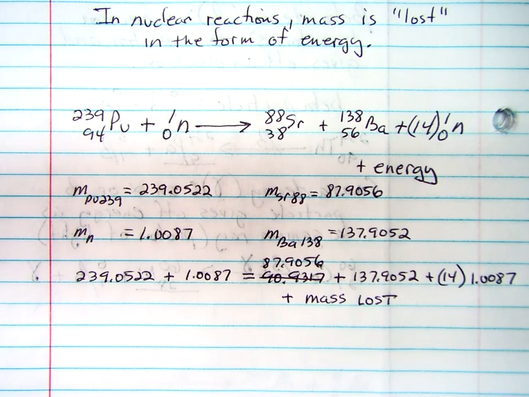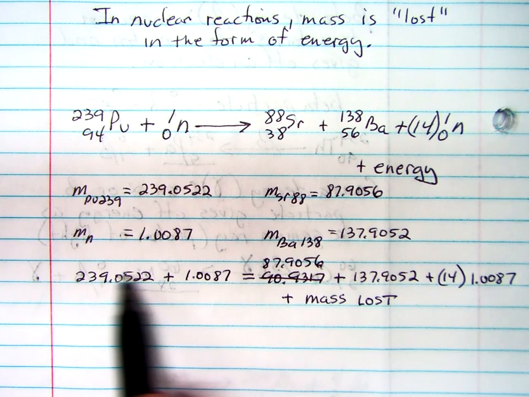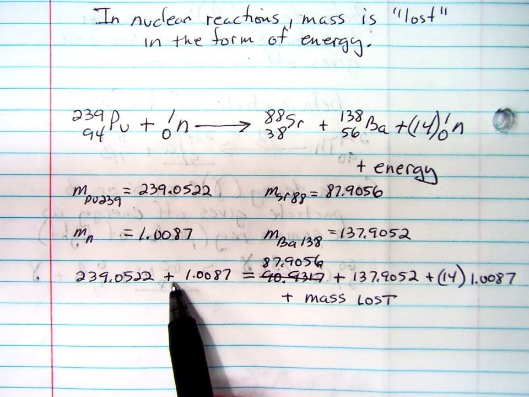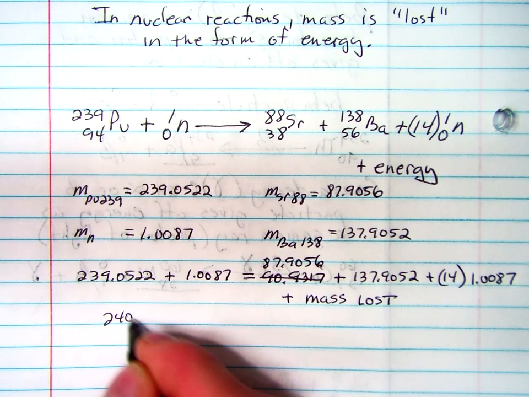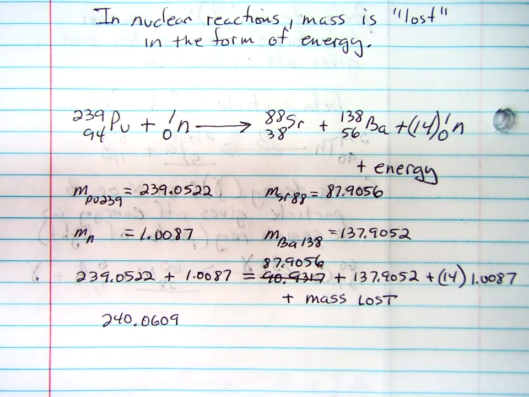So we have this extra bit that we know is going to get lost. We need to solve for this mass loss. So we're going to add up this side and all of these numbers, and then we're going to subtract these from this. So if you add up this side, you get 240.0609.